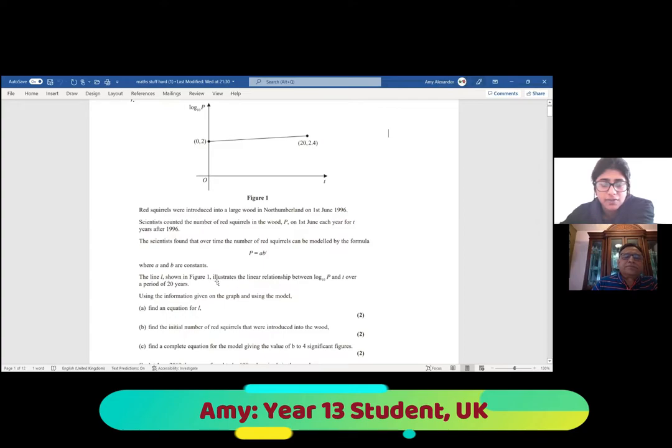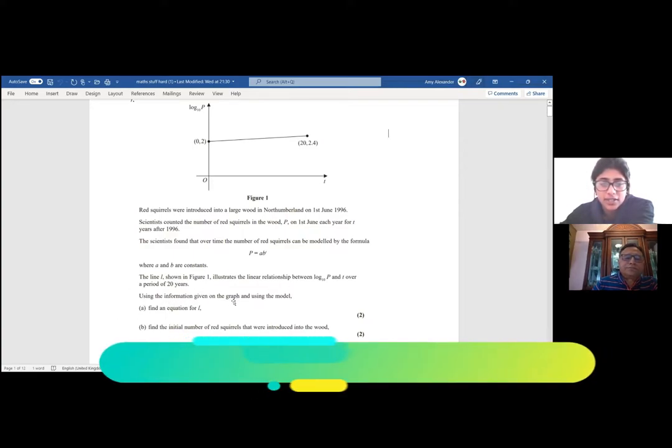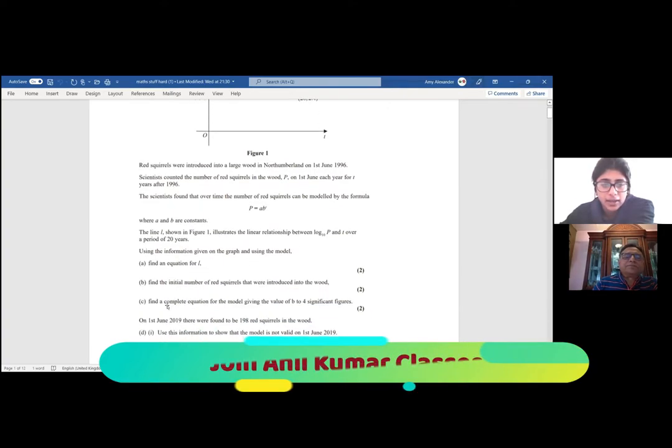The line L shown in figure 1 illustrates the linear relationship between log 10 P and T over a period of 20 years. Using the information given on the graph and using the model, find an equation for L, find the initial number of red squirrels that were introduced into the wood, and complete the equation for the model, giving a value of B to 4 significant figures.